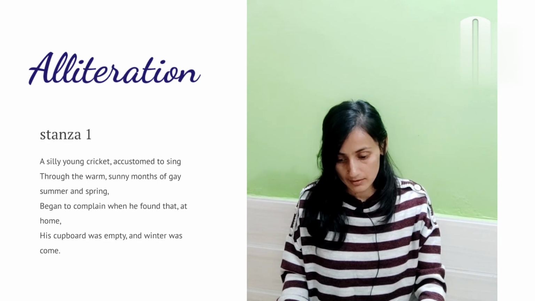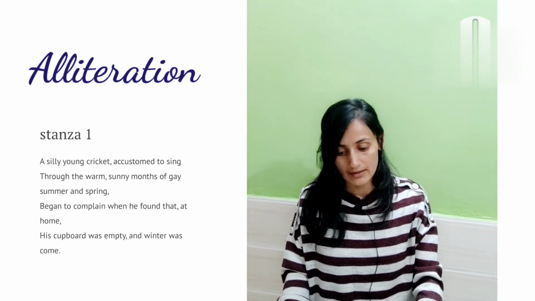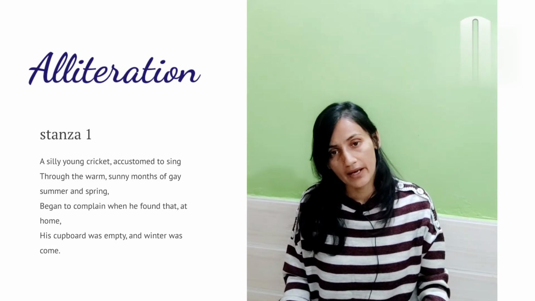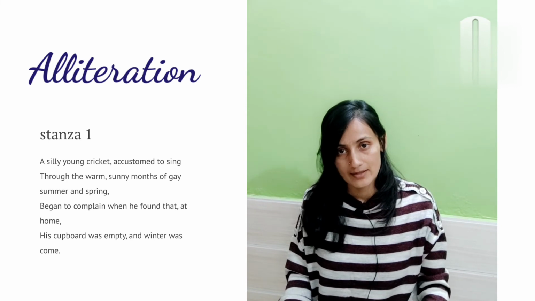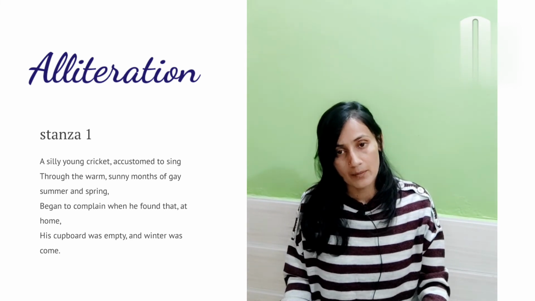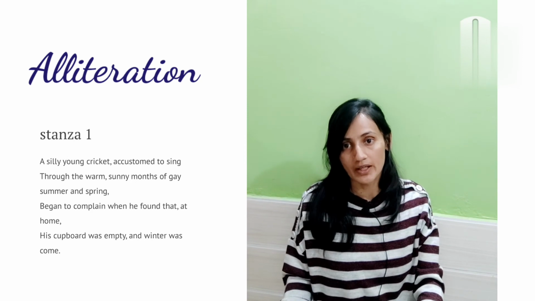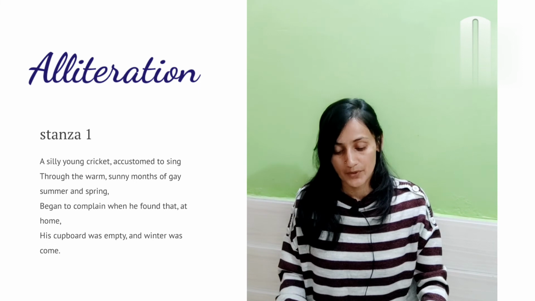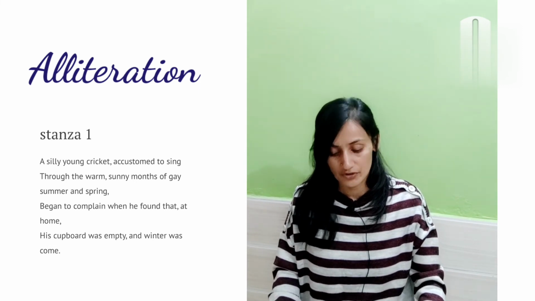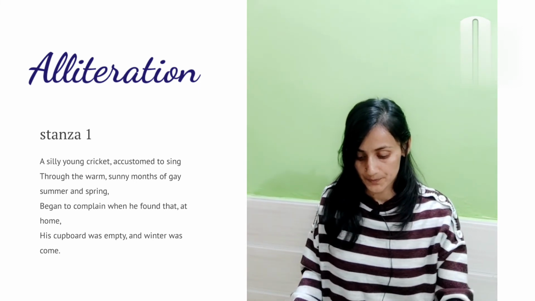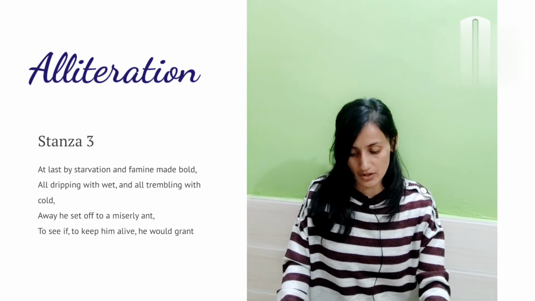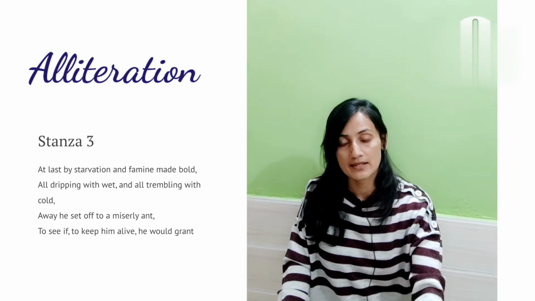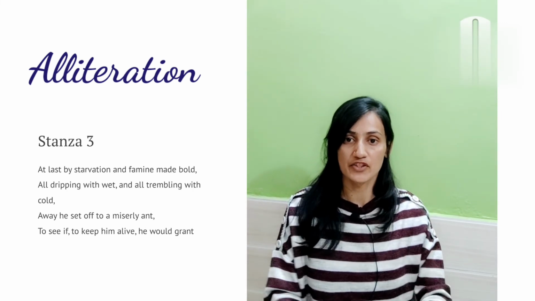Let's see in the poem, in the first stanza, in the second line, we see sunny month of gay summer and spring. So S in sunny, S in summer, S in spring. The first letter S is repeatedly used here. So that's alliteration. Next, in the third stanza, we see he must die of starvation and sorrow. Repetition of the S letter, starvation and sorrow.